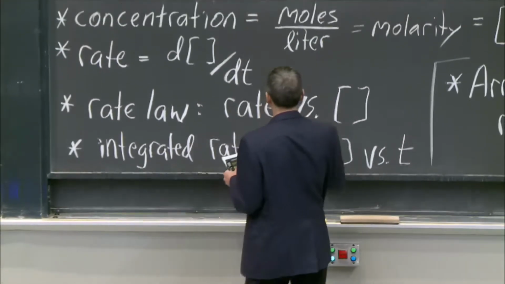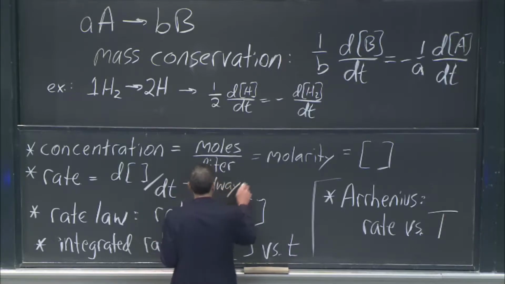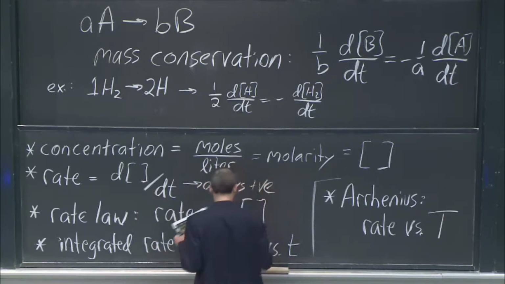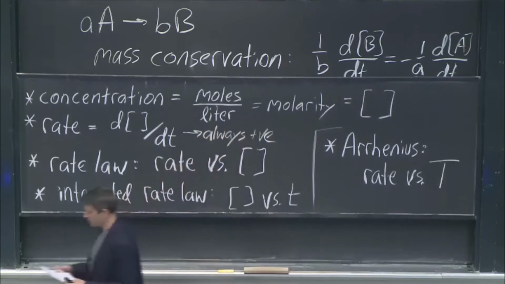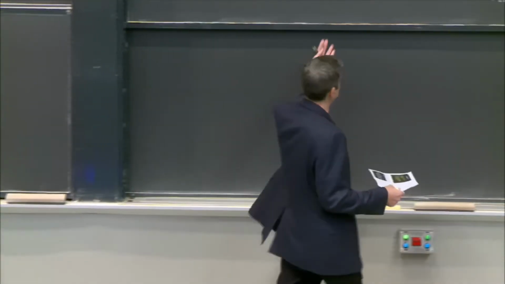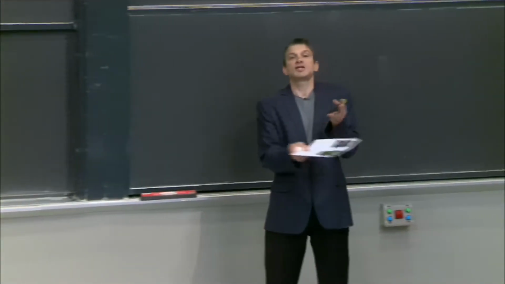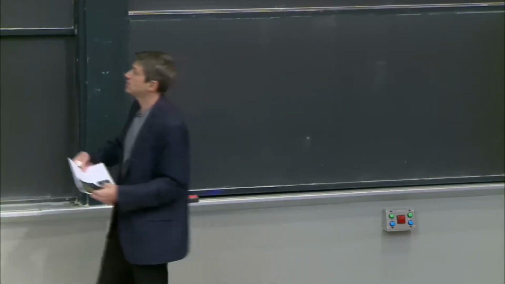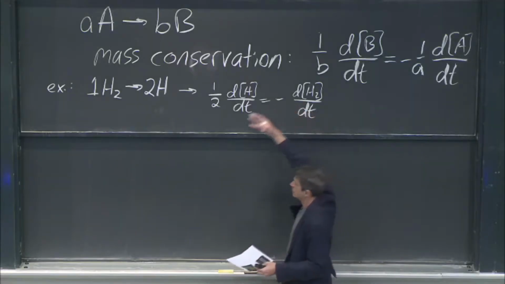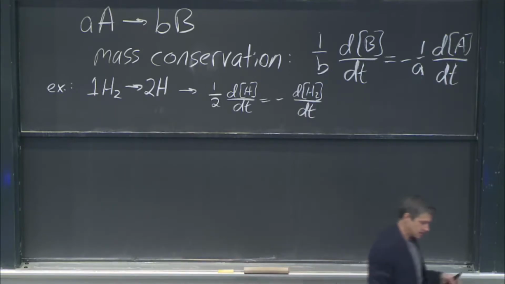So when we're thinking about a reaction where something's getting consumed, we're going to write it as the negative of the change in that concentration, because that's a negative, and then we're going to write it as a positive of the change in concentration of things being formed. So the rate is written as positive.